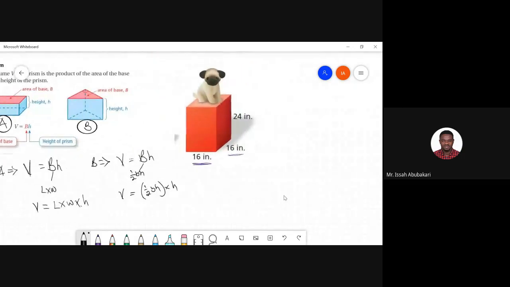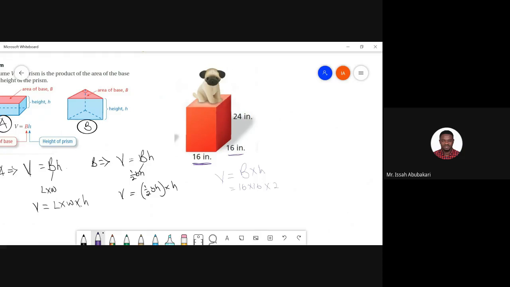So let's solve it. The volume of this is going to be the base area multiplied by the height. And the height is h, as in the formula. Now, what is the base area here? The base area is 16 multiplied by 16, and then you multiply it by what?